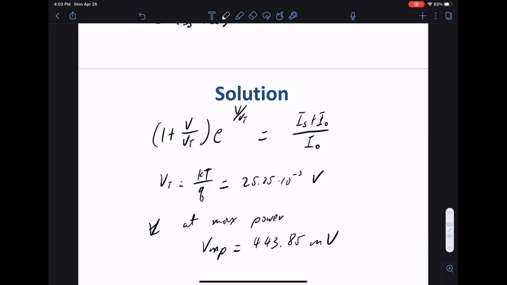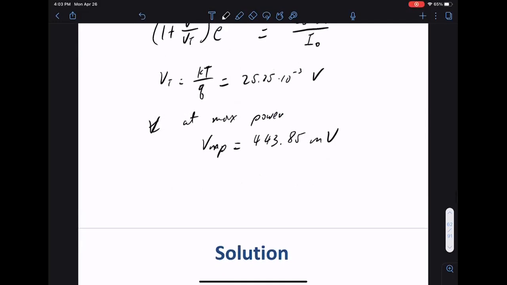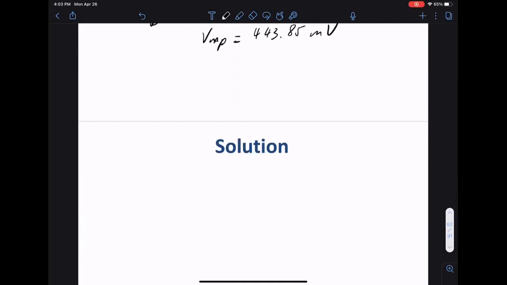You can do this because after the panel, you have power electronics. We can set the voltage. We can convert the voltage to another voltage if we want. So this is really up to us to set what voltage we want. So for this question, for the maximum power, we want to set it to be this voltage.